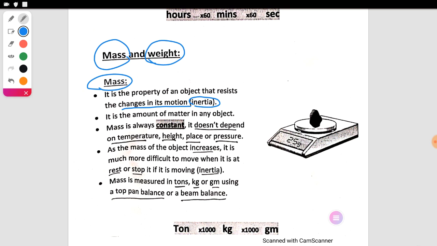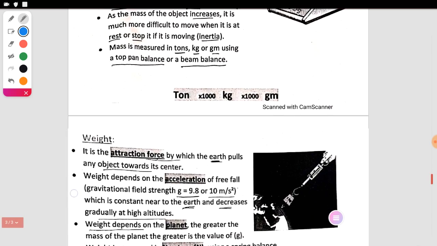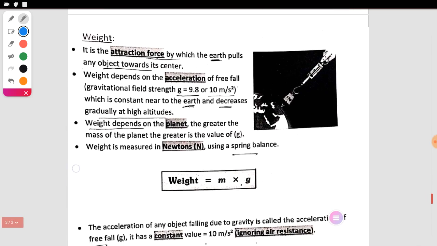The mass is measured by ton, kilogram or gram using a top pan balance or beam balance. The top pan balance is used to measure sensitive mass or very small mass.